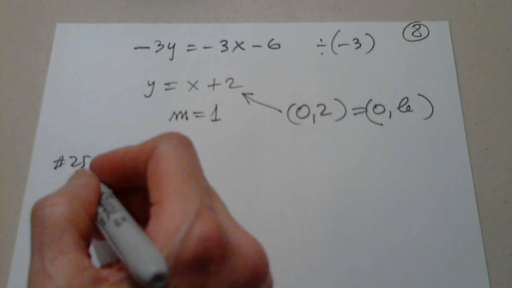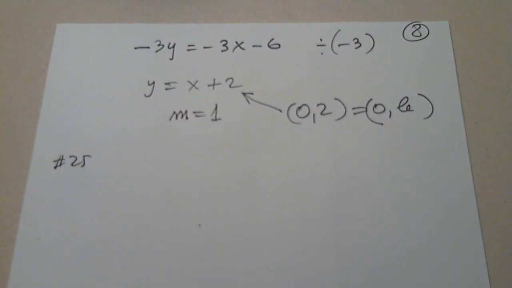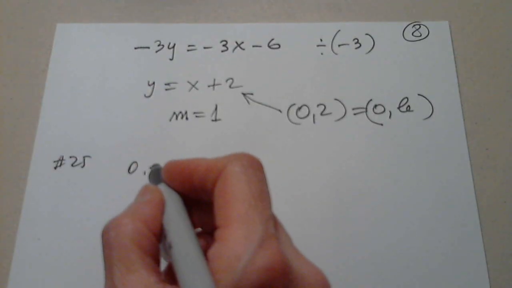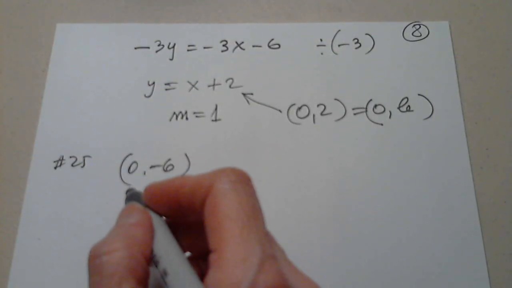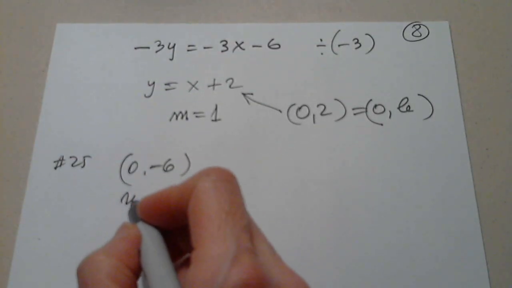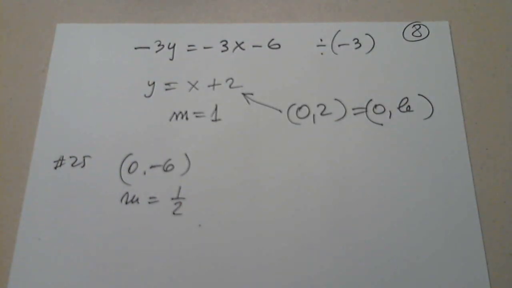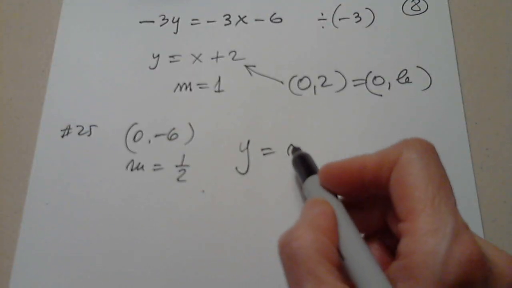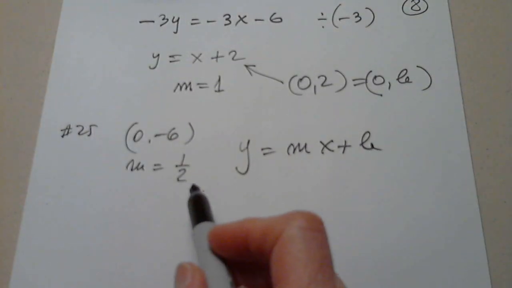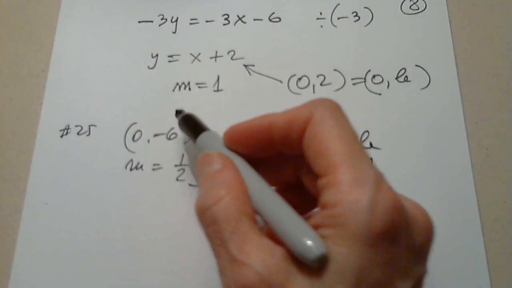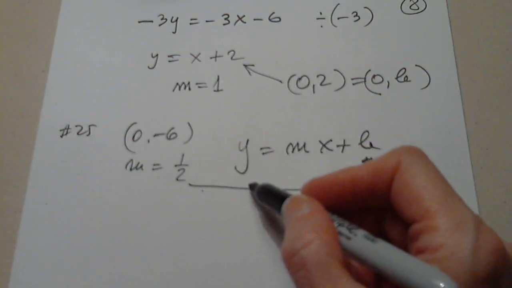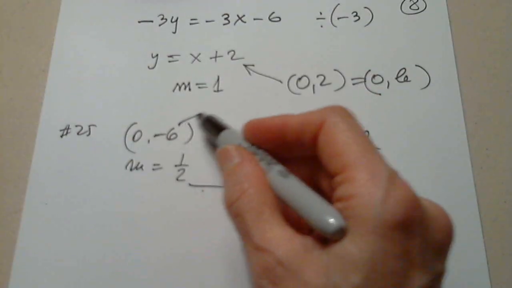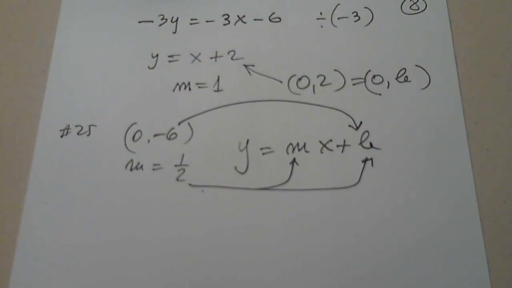In 25, we have the y-intercept is 0, -6, and the slope is 1/2. This is a very simple situation because I only have to replace this by 1/2 and this by -6.